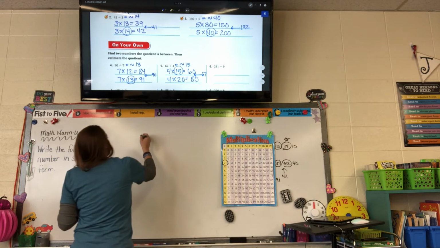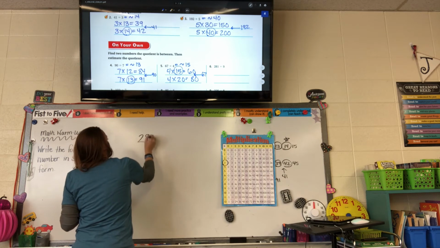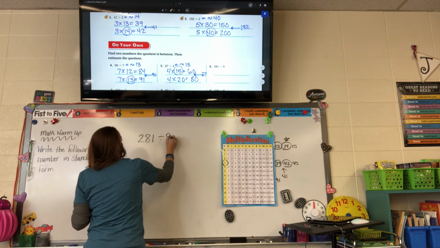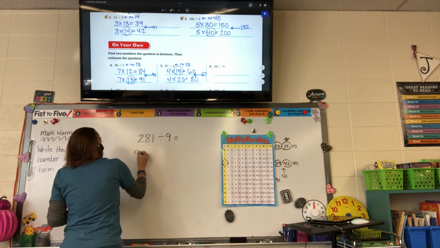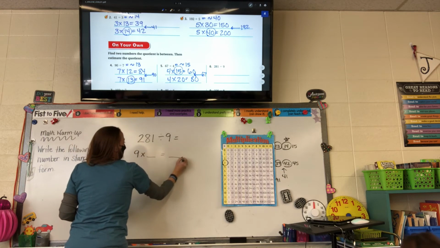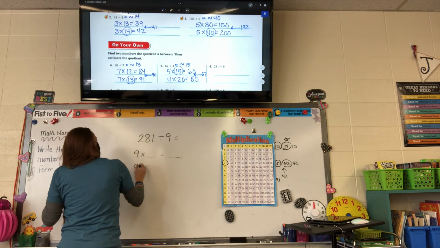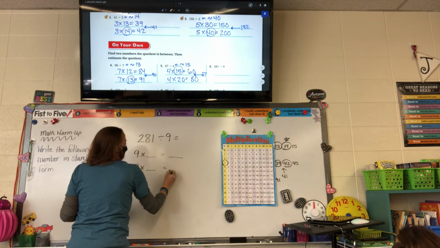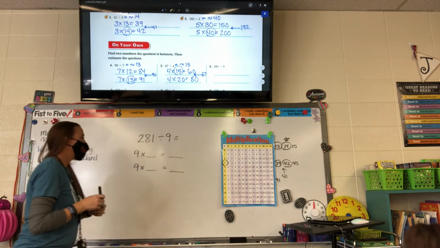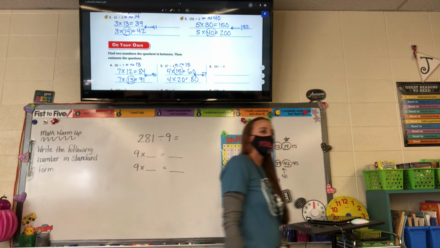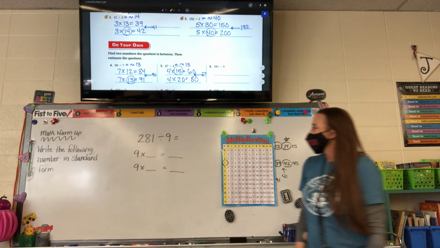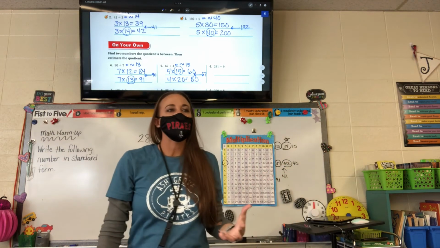So our multiplication table doesn't go up high enough, so we're going to have to use our brain power. So 9 times something that equals close to 280. What do you want to start with? Shelby? 45. Can you do 9 times 45 in your head?